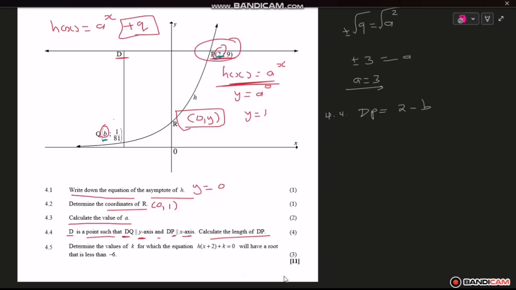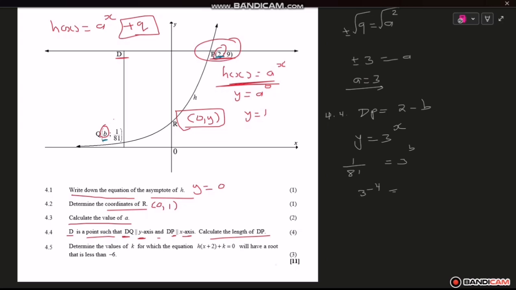Therefore, let's continue with our calculation. This is the graph of h as y equals 3 to the power x. What we're going to do now is substitute point Q on the graph of y equals 3 to the power b. Then we solve for b. Let me show you so that we can substitute it up there. DP equals 2 minus b.